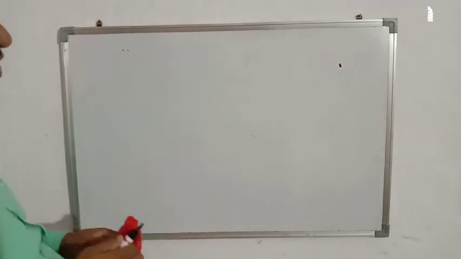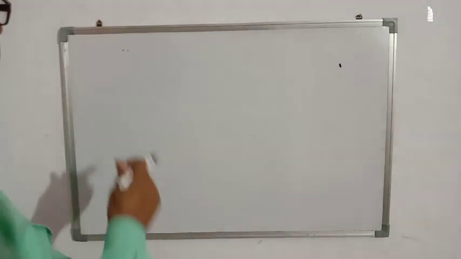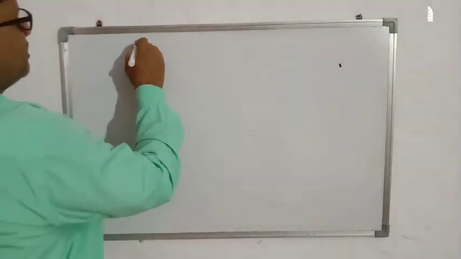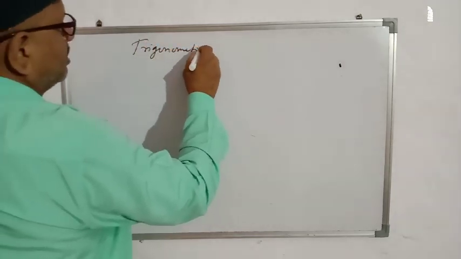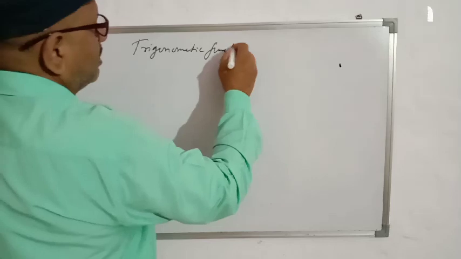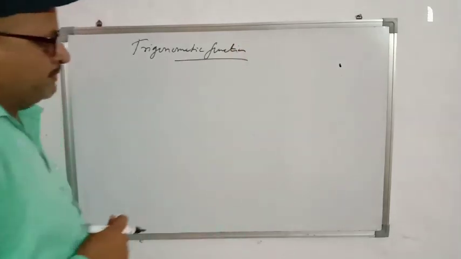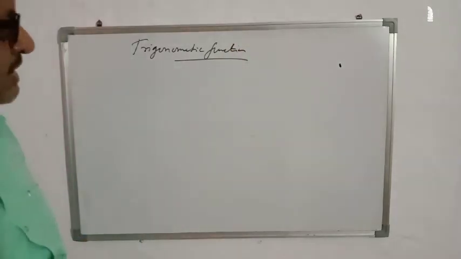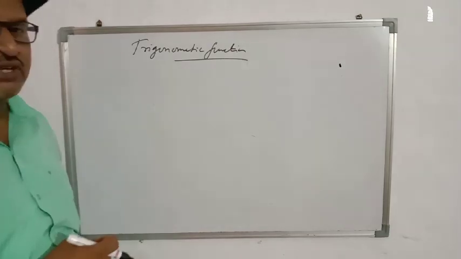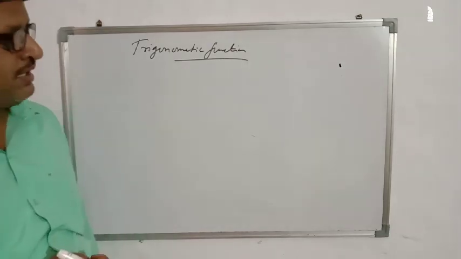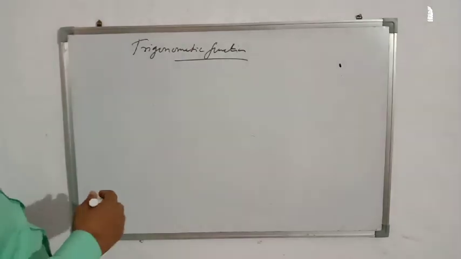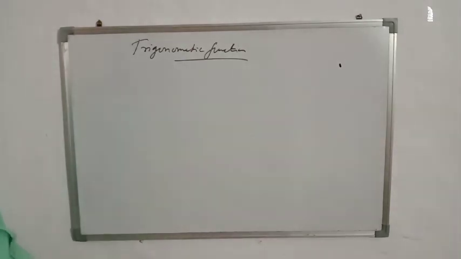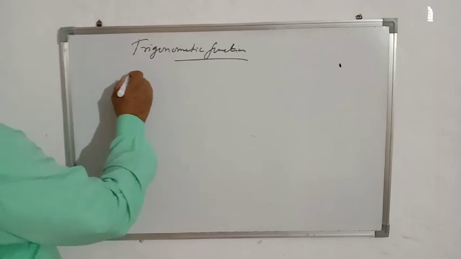And there are 6 trigonometric functions. You have already studied in class 10th about the trigonometric functions: sine, cos, tan, cot, sec and cosec, and what the relations between them are, meaning trigonometrical identities.